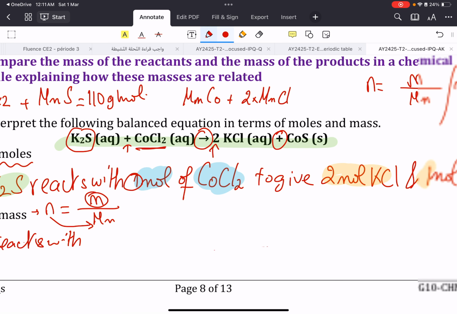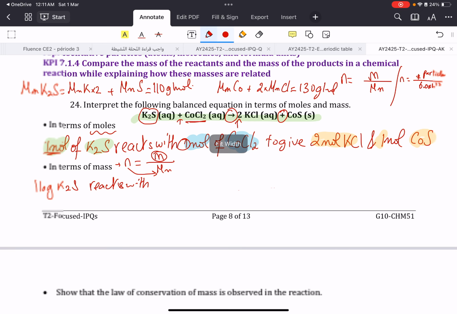And the answer is 130 gram per mole. So this 110 gram of K2S is going to react with 130 grams of cobalt chloride.